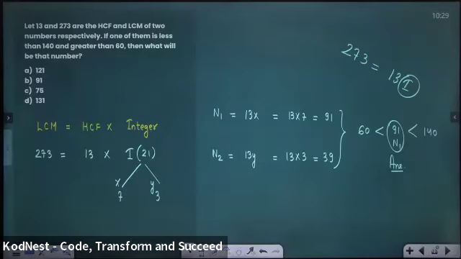Okay, Sujit. 39 is greater than 60, right? Should I say 39 is the answer? No, what number comes in the range? 80 also, 81 also, 82 also.